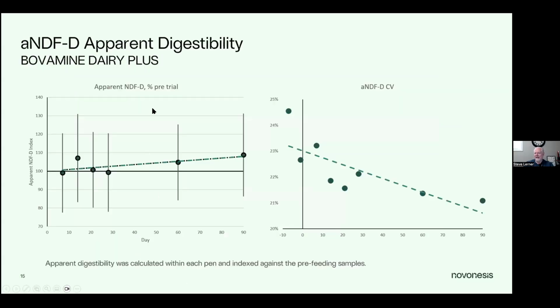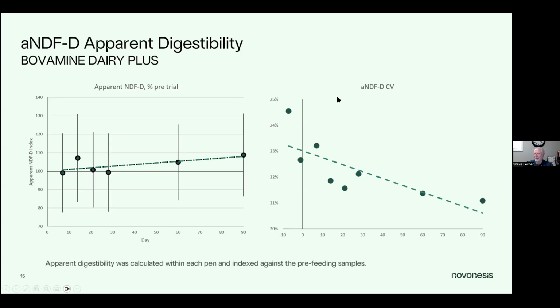If we look at NDF apparent digestibility across the 90 days, this is the percent difference from pre-trial, comparing the observations across the 90 days on an effective probiotic to day -7 and day -1. You can see there was a steady increase on average in NDF digestibility.